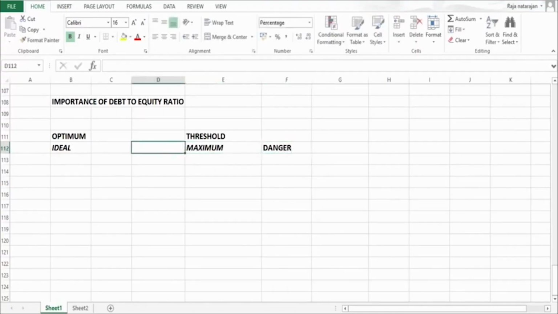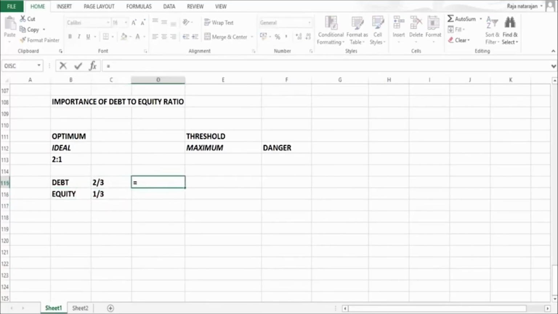So what is ideal ratio? What is maximum? Let's see one by one. The ideal ratio is 2:1. So what does that mean? When I say the ratio is 2:1, it means my debt is actually 2/3 of total funds and equity is 1/3 of total funds.